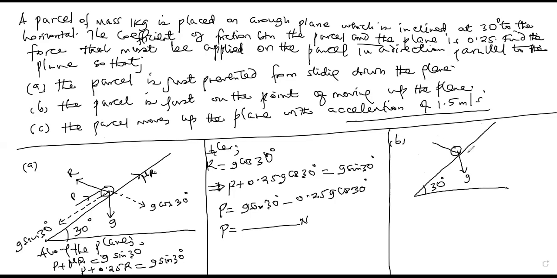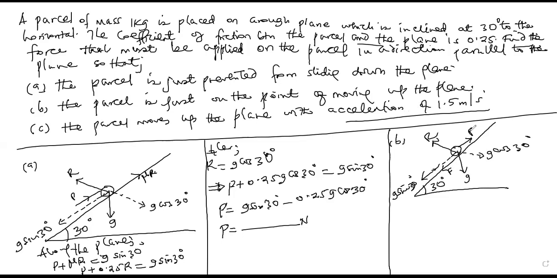These are its components, g cos 30 and g sin 30, and R. If it is just on the point of moving up the plane, that means the frictional force is now acting downwards, and the force pulling it up the plane is P. Is that okay?